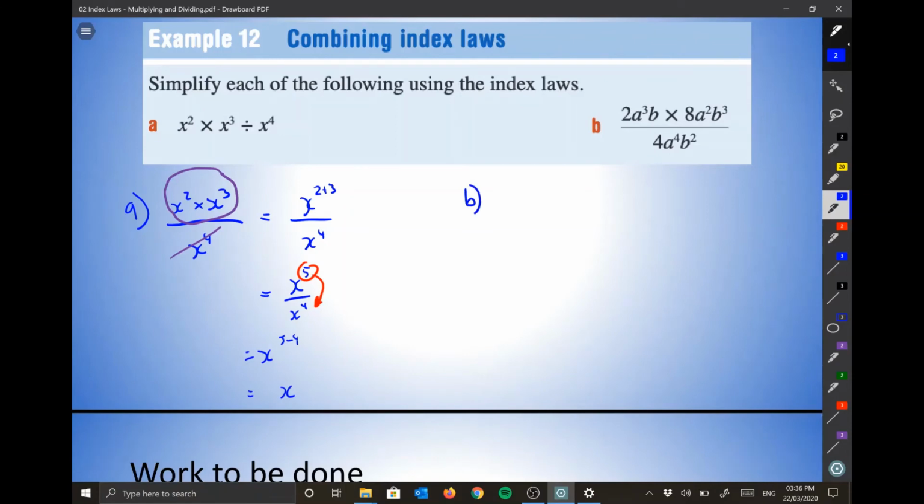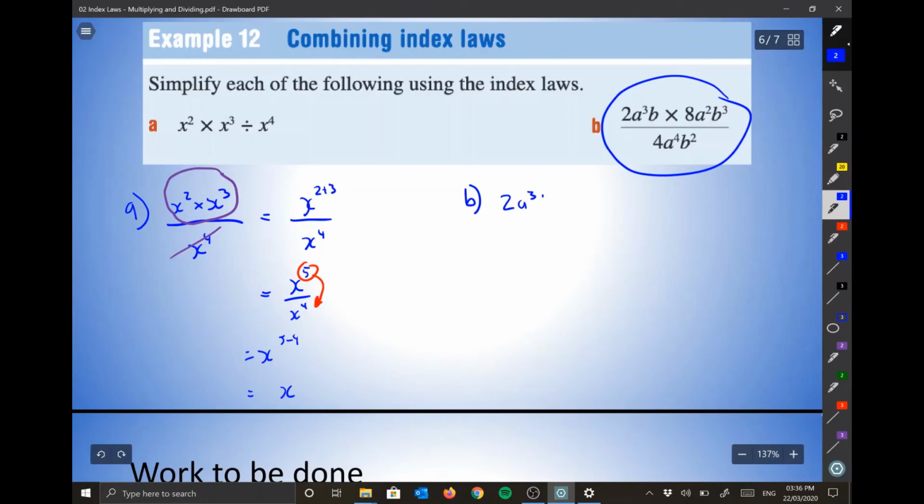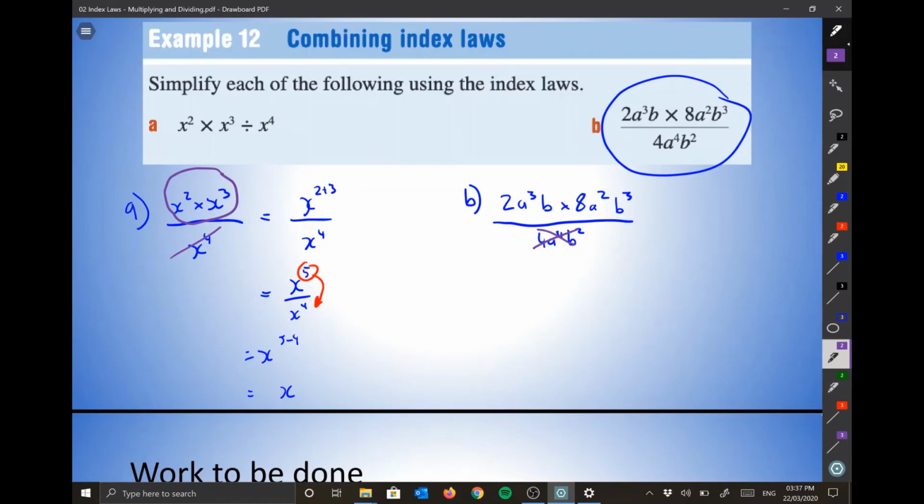Now, this looks a lot more complicated than what we've seen so far, but really the process that we go through to answer this part is exactly the same. First thing we're going to do is just forget about the bottom and deal with the top.